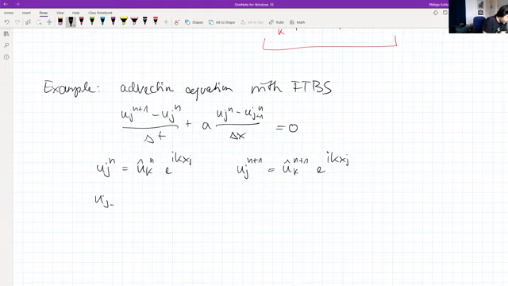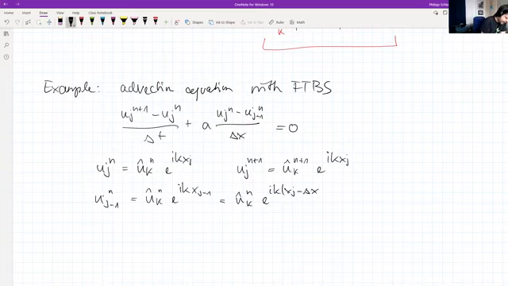And then the other term that we need is u_{j-1}^n. And here we need to change something in the exponential. So we would write this as u hat k^n times e to the i k, and now it becomes x_{j-1}. But of course, I can now replace this with the help of the spatial step delta x. So that would become u hat k^n times e to the i k (x_j minus delta x).